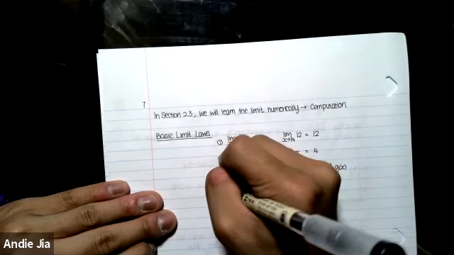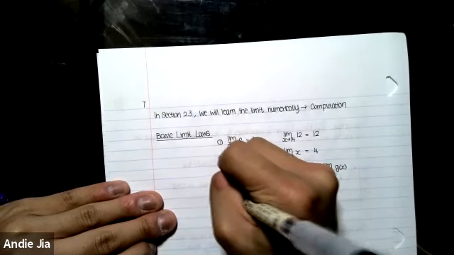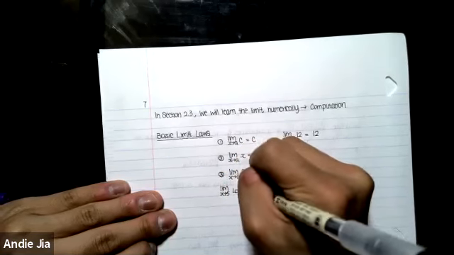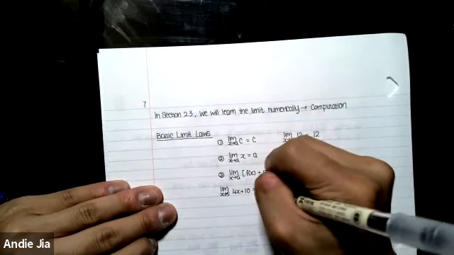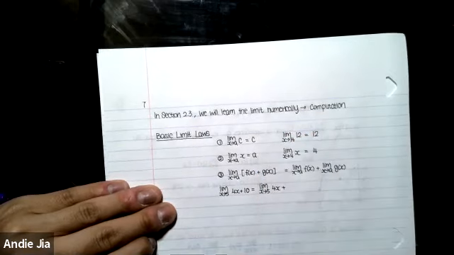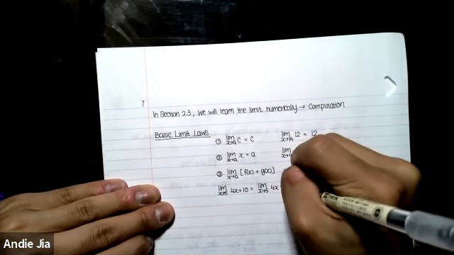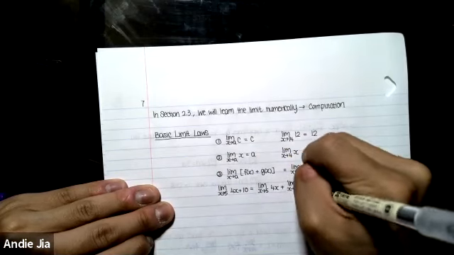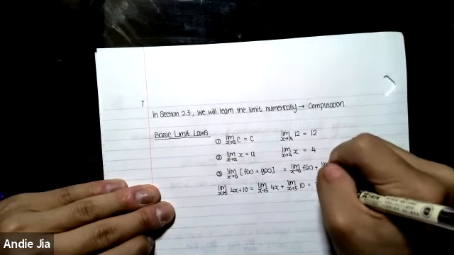For example, the limit as x approaches 5 of 4x plus 10 is equal to the limit as x approaches 5 of 4x plus the limit as x approaches 5 of 10. It is 20 plus 10, which is 30.